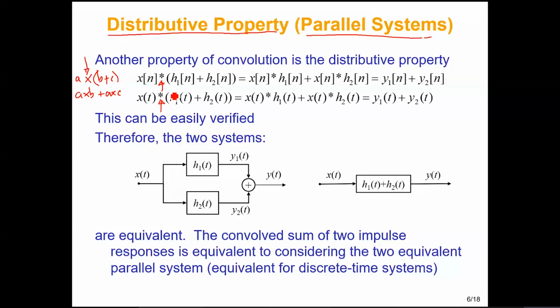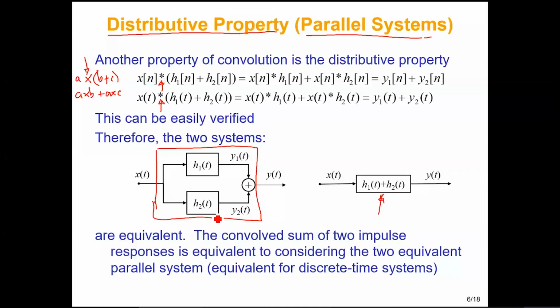As I mentioned, all these properties that we are going to consider will be valid for both continuous and discrete time. This distributive property is used to simplify parallel systems. If you have a parallel system like that, we can replace it with an equivalent system. Say one system has impulse response h1 of t, the other has impulse response h2 of t, and we add the results together to get y of t.